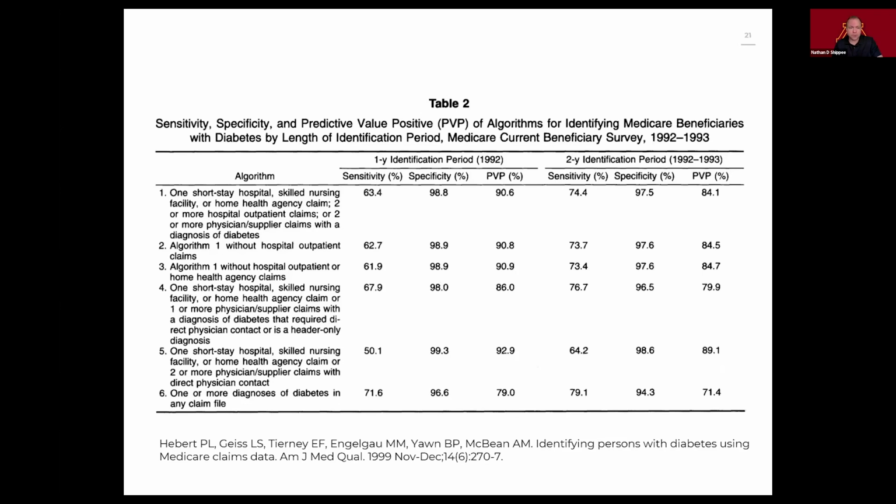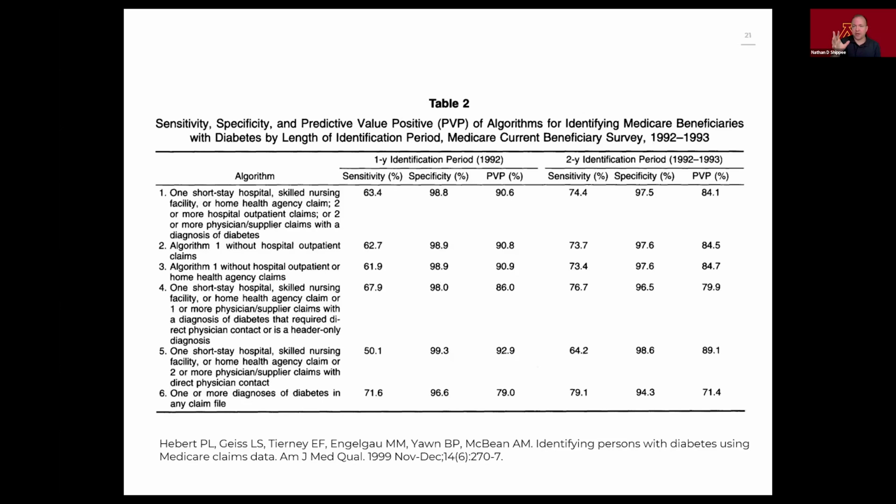Or two or more hospital outpatient claims. So two or more claims in a hospital outpatient file, or two or more of what's called physician supplier claims. That would be called the carrier file now. So two or more carrier claims with a diagnosis code. So this is two additional or statements on top of the inpatient file, skilled nursing, and so on.